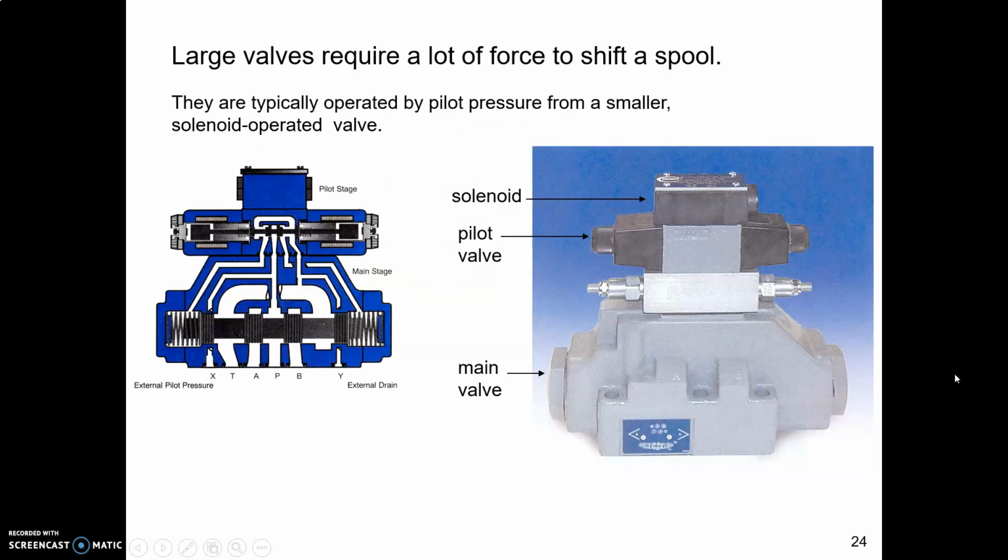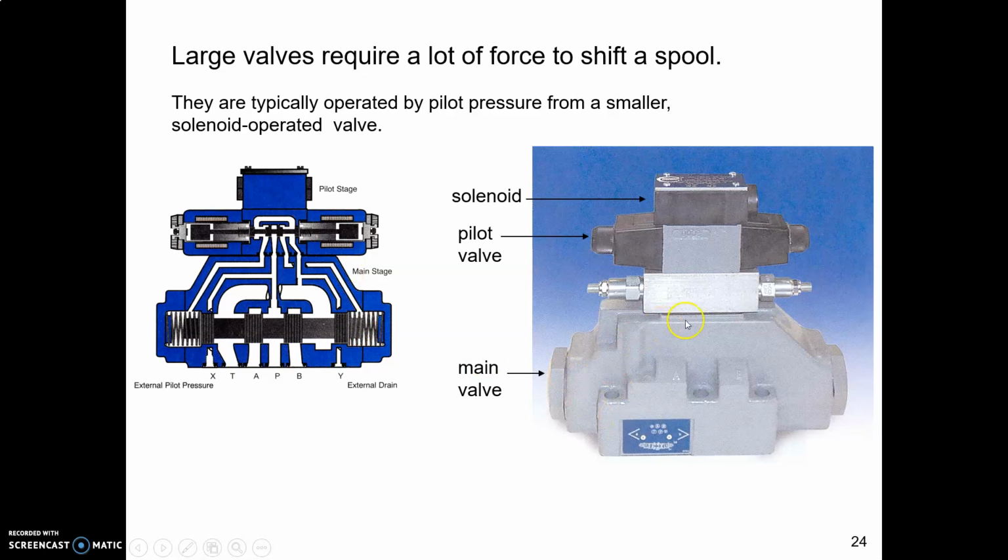However, big valves just require a lot of force to shift. There's a lot of oil, and you know about our calculations earlier this term about pressure, force, and area. So you know that with a bigger area, we've got bigger force.